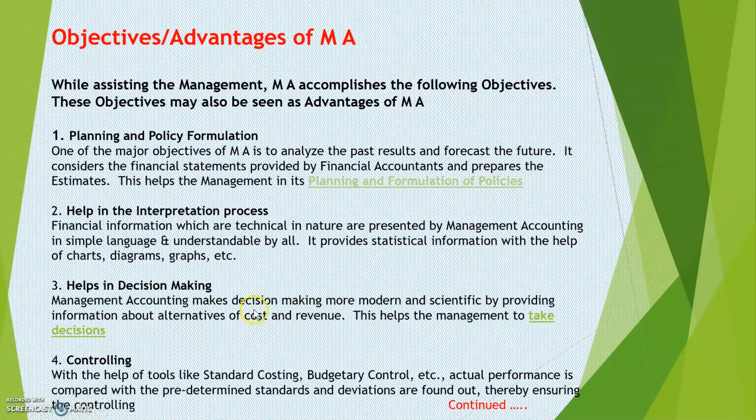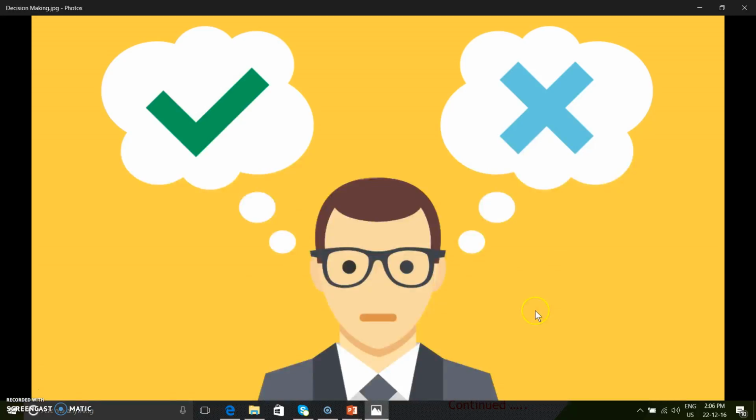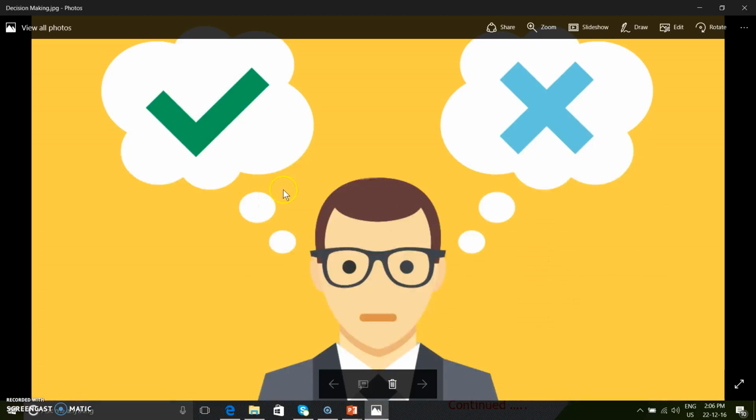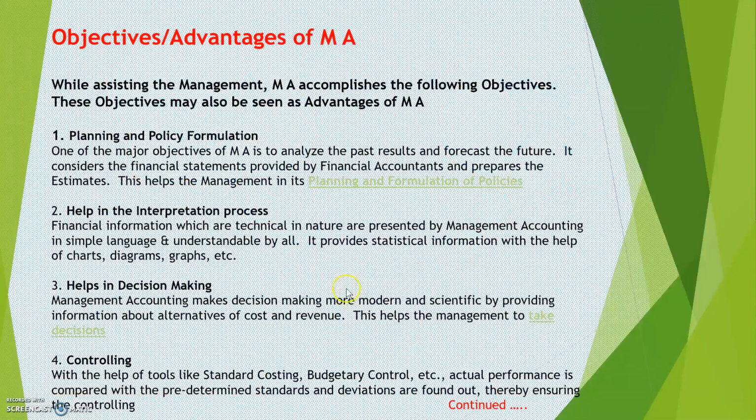So it uses modern and scientific alternatives or methods, and ultimately such techniques will help the management to take the right decision or wrong decision. So wrong decisions or right decisions will mainly depend on the information provided by the management accounting.